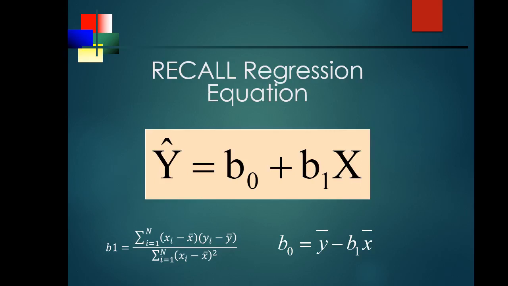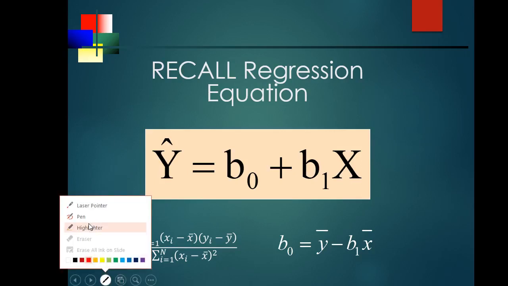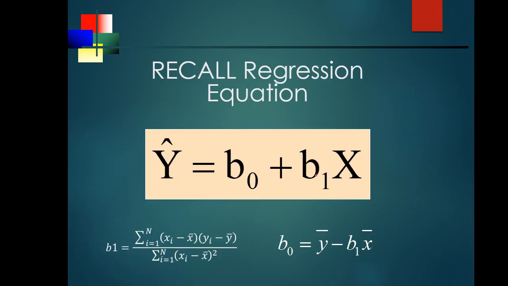So if you recall, the regression equation is y equal to beta naught plus beta 1 x, where x is the independent variable and y is the dependent variable.